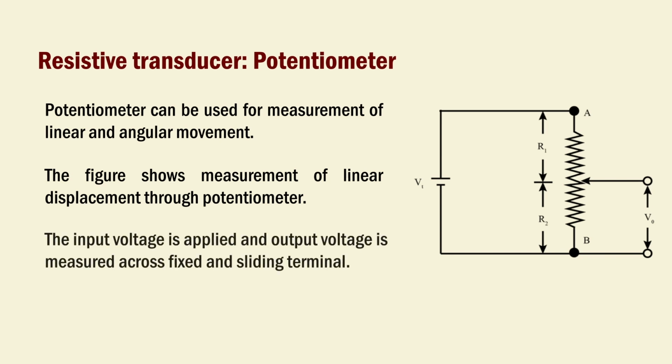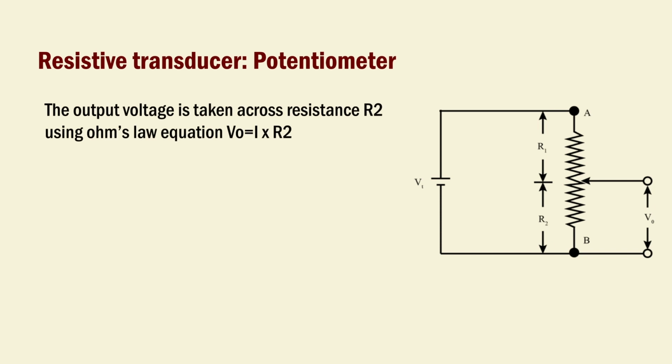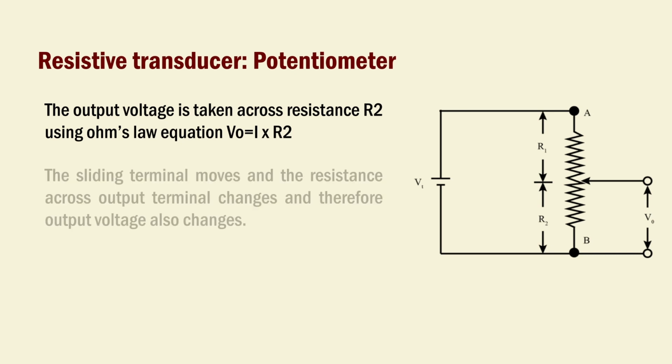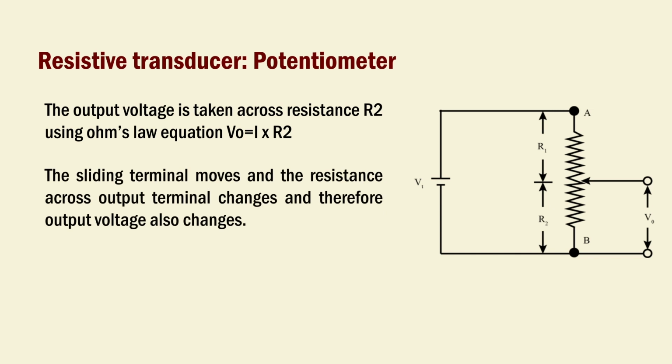The input voltage is applied and the output voltage is measured across the fixed and sliding terminal. The output voltage is taken across resistance R2 using Ohm's law equation V is equal to I into R. The sliding terminal moves and the resistance across the output terminal changes and therefore the output voltage also changes.